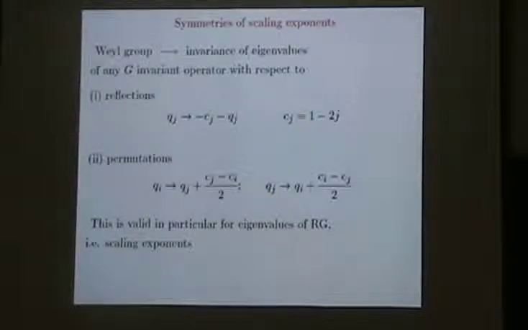There is a reminiscence of this if you just look at the eigenvalues of the conventional Laplace operator on a sphere. The eigenvalue is j times j plus 1. And if you look at this object, it's symmetric with respect to j going to minus 1 minus j. Of course, you cannot do this on a sphere, just because the sphere is compact, so j is a positive integer. However, if you go from the sphere to the hyperboloid, then the corresponding momentum can be any value.